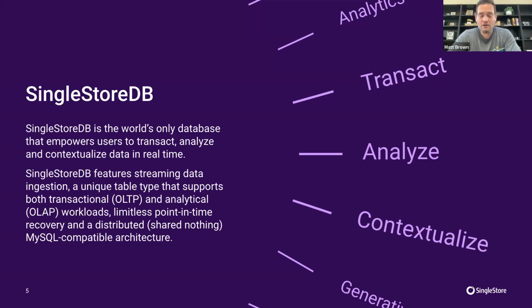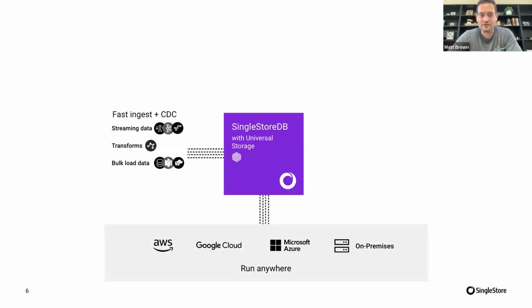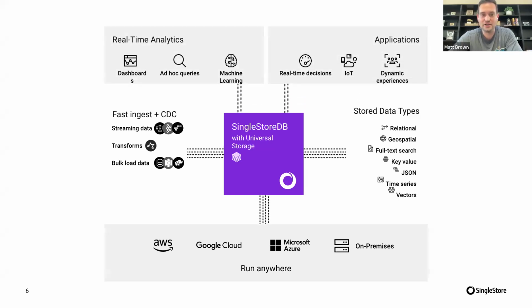So now you click to the next slide. We've got a distributed, MySQL-compatible architecture that can handle streaming data ingestion, analytics, and transactions in the same engine. Multi-model capabilities, so you can think JSON, time series, full text, spatial, and vector data.